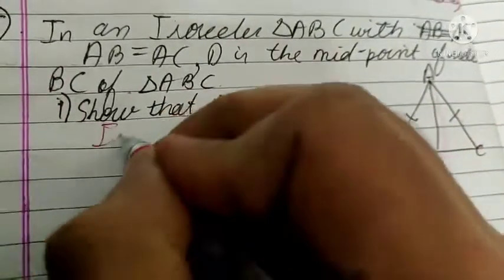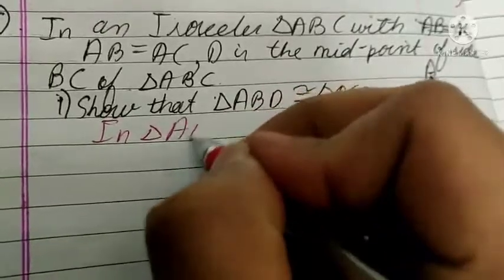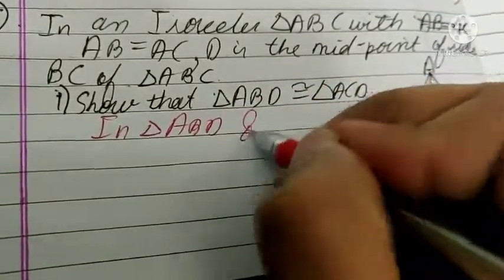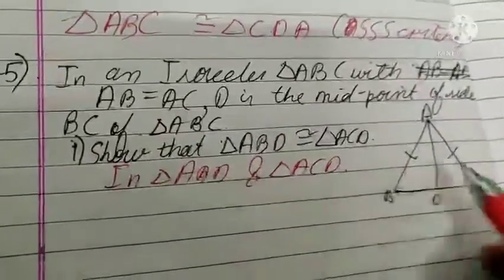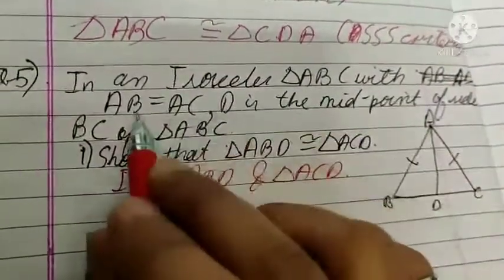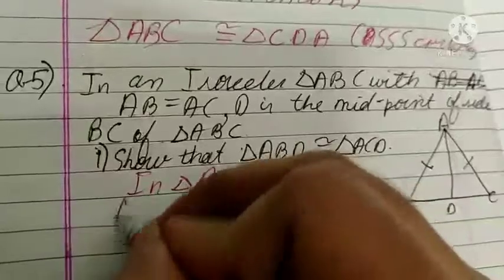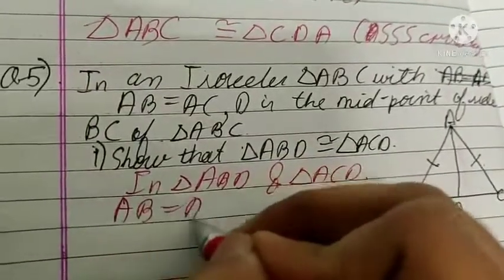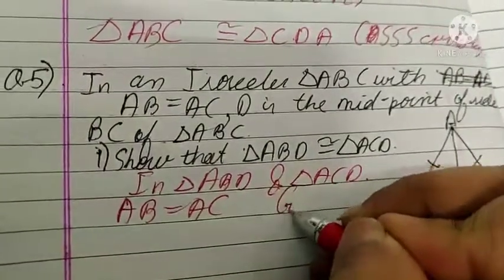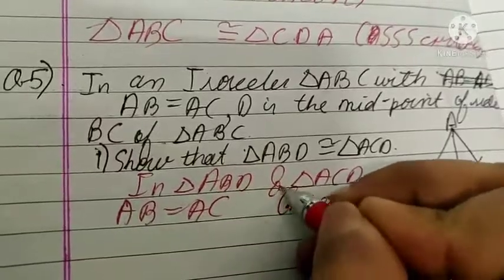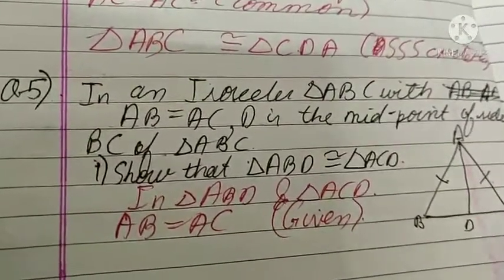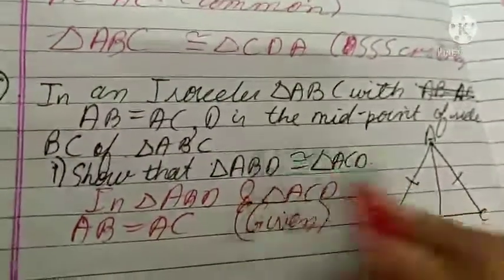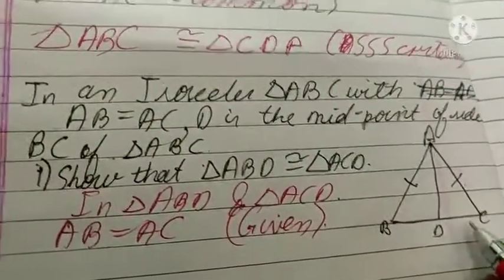So in triangle ABD and triangle ACD, in these two triangles, look, AB is given equal to AC. This is given. Okay, and then it says that D is the midpoint of side BC.